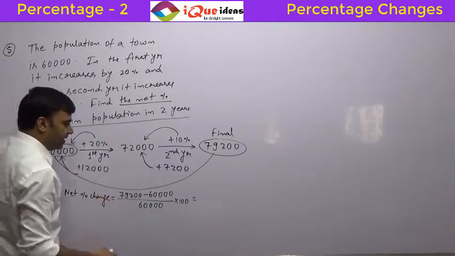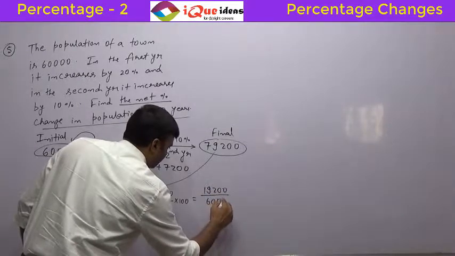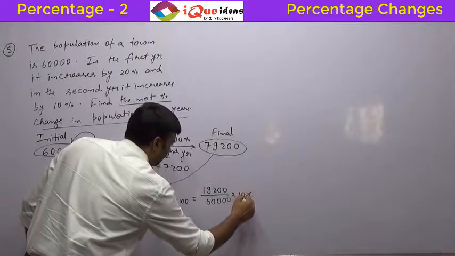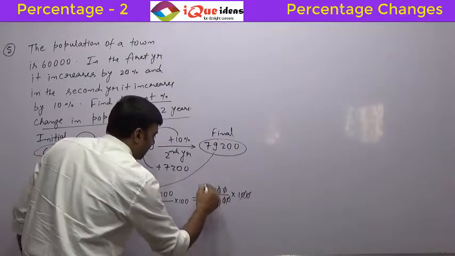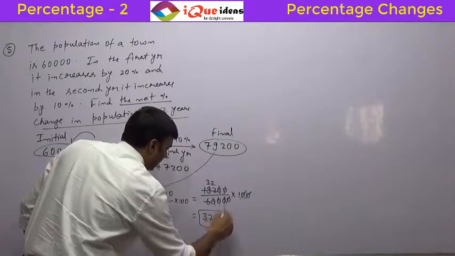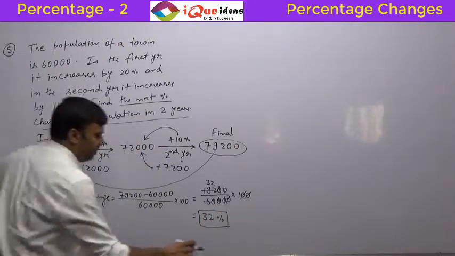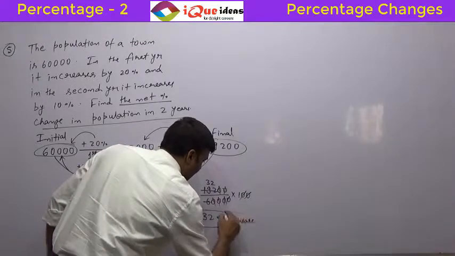Now 79 minus 60 is 19, so it is 19,200 divided by 60,000 into 100. The zeros are cancelled, 6 goes into 192 32 times. So the final answer will be 32%. The population has increased, so we must say that the net change is a 32% increase.